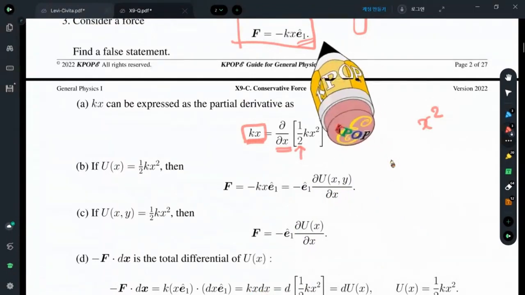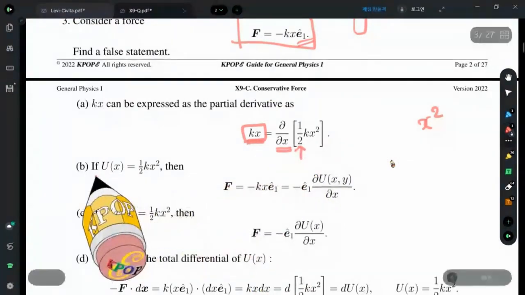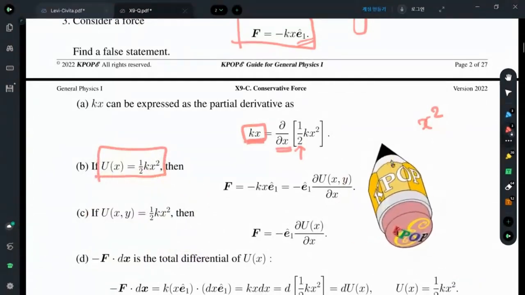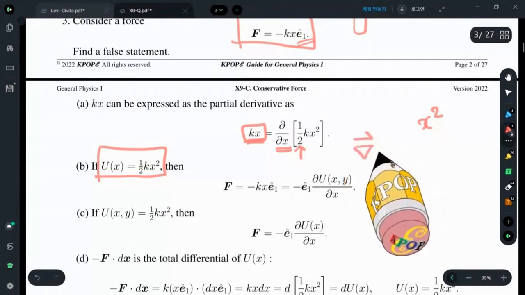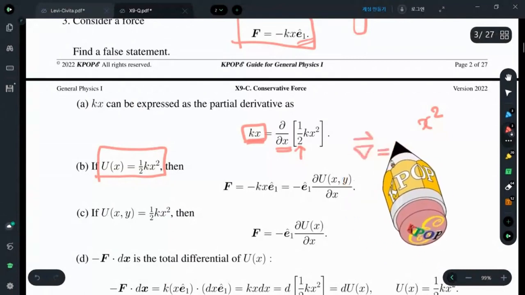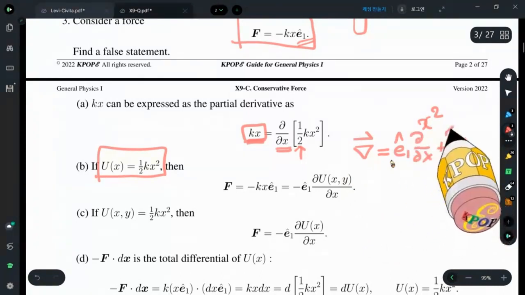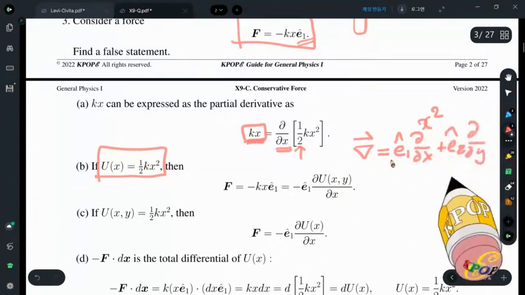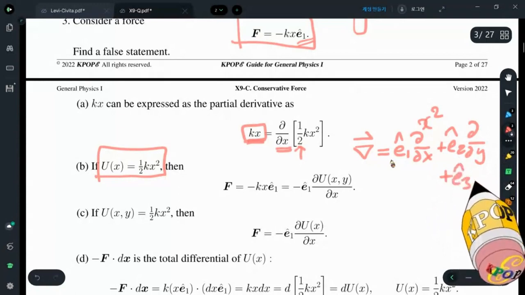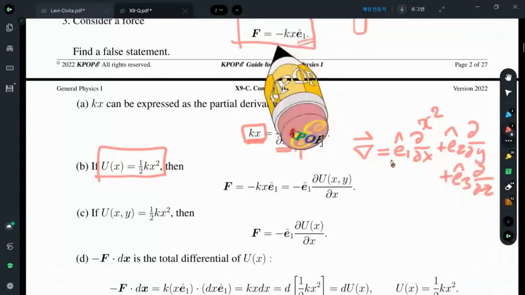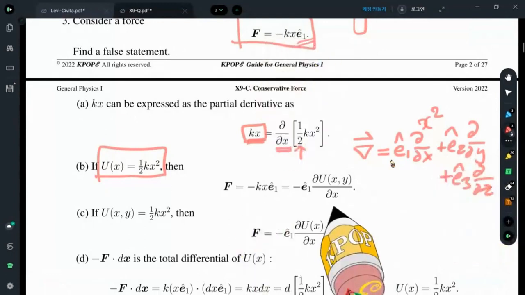So what I can say is this is a potential energy. Why? I can take the derivative, my gradient is e1 hat x derivative, e2 hat y derivative, and e3 hat z derivative, right? And what I have is just x dependence only.